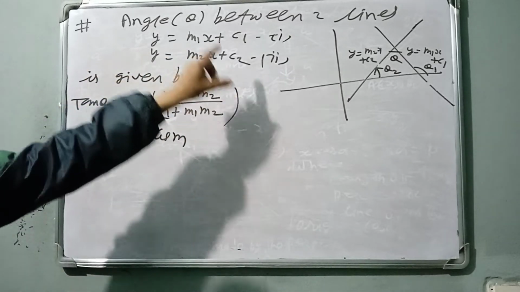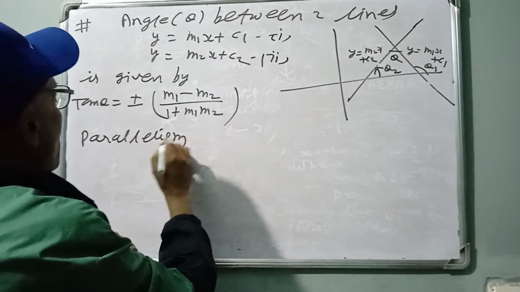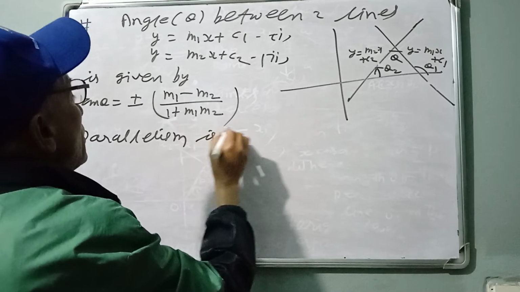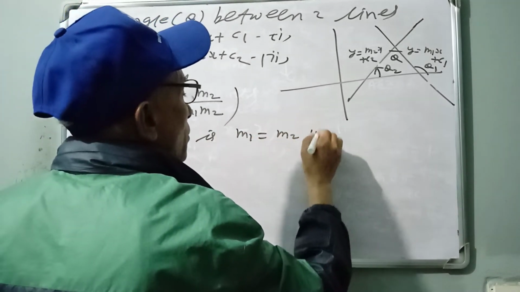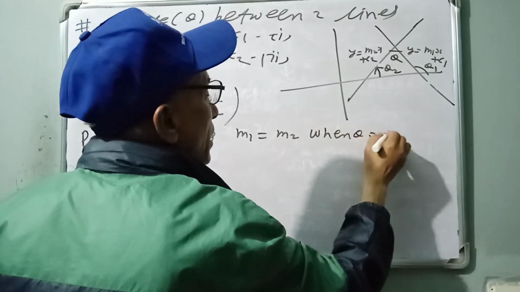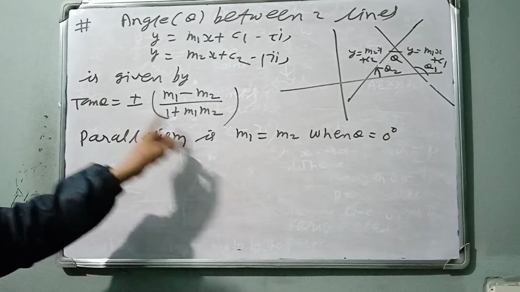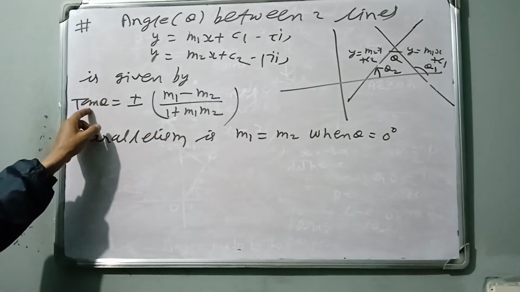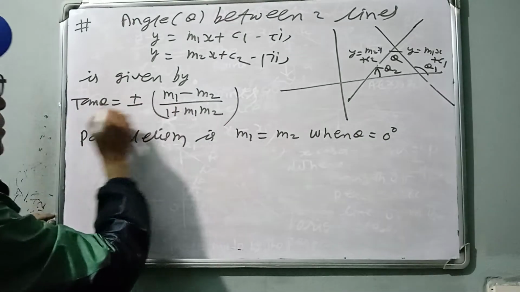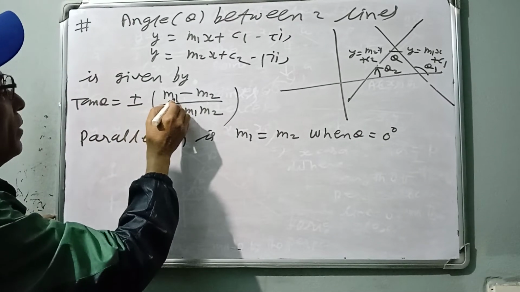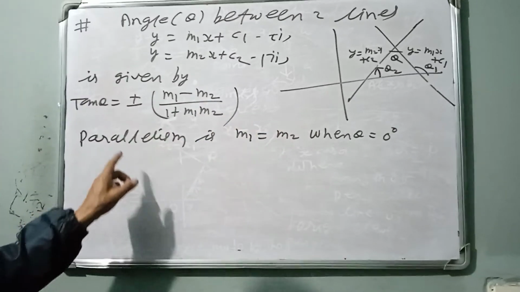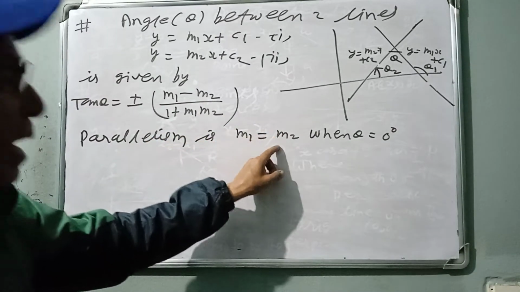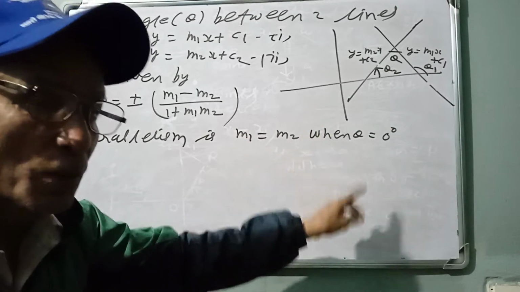The two lines are parallel if m1 equal m2, when theta equal 0 degree. When theta equal 0 degree, tan theta equal tan 0 degree equal 0. So 0 equal, cross multiplying, m1 minus m2 equal 0. It means m1 equal m2. If two lines are parallel, the slopes are equal.